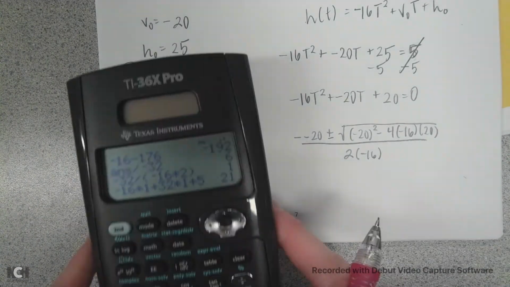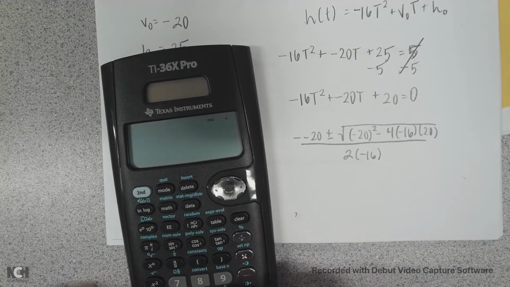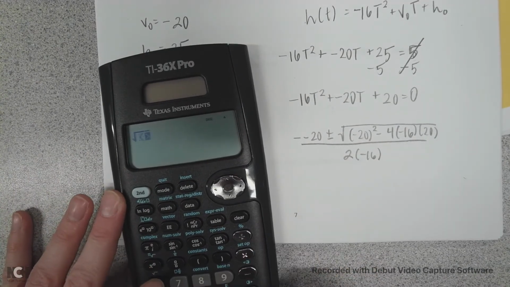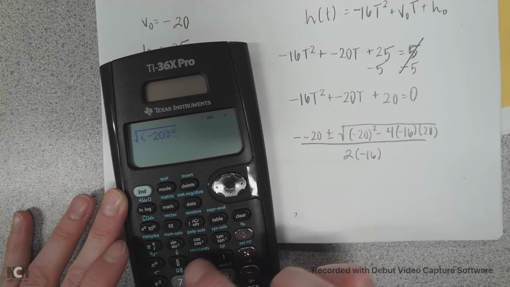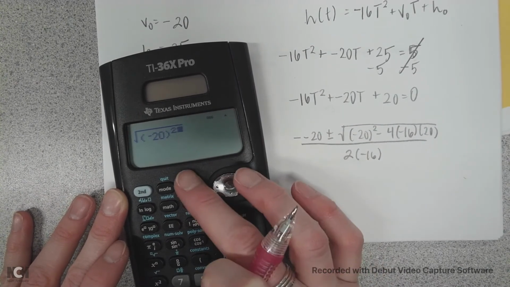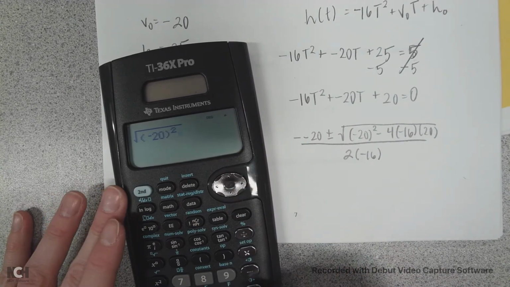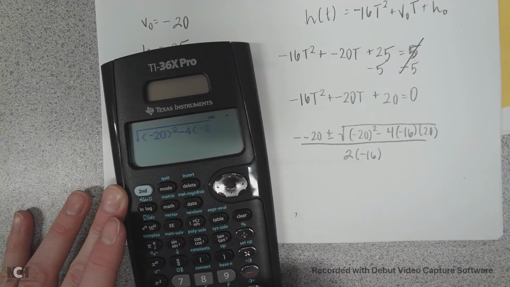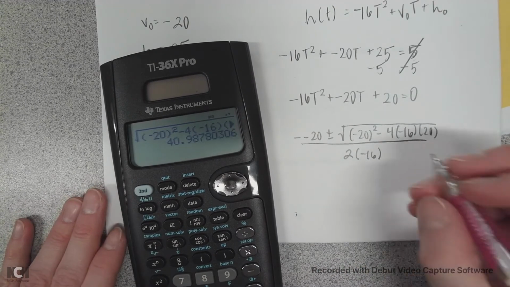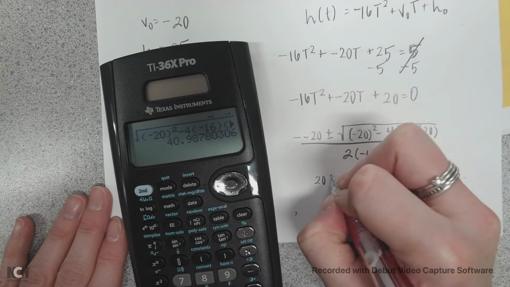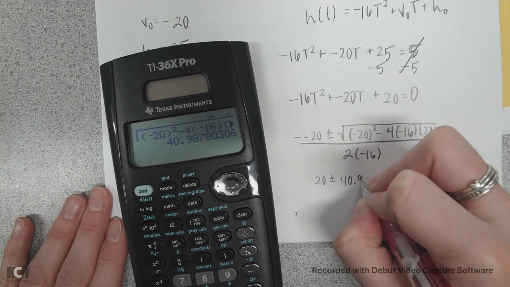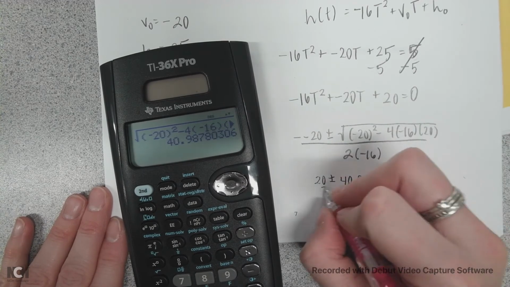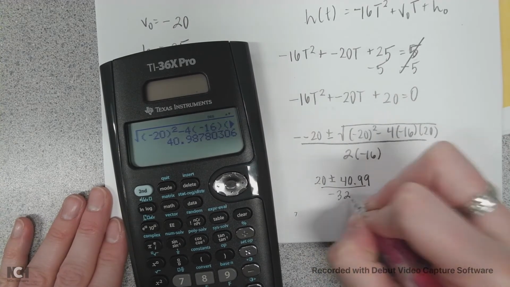We're going to do the square root first: the square root of negative 20 squared minus 4 times negative 16 times 20. So we get 20 plus or minus 40.99 all over negative 32.